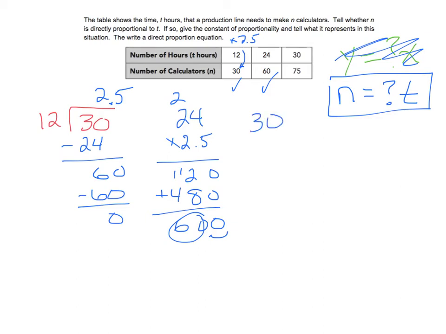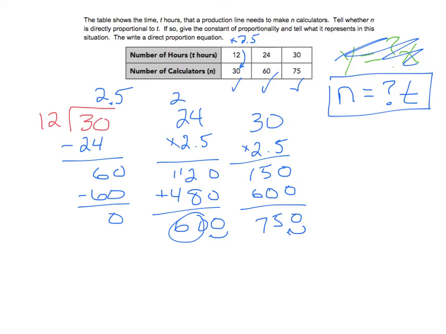Because remember, it's got to work for everything. So 0, 15, add 0, 0, 6. We're going to add up. 0, 5, 7, move the decimal once, so it works. Therefore, we verified this is a direct proportion using the 2.5.